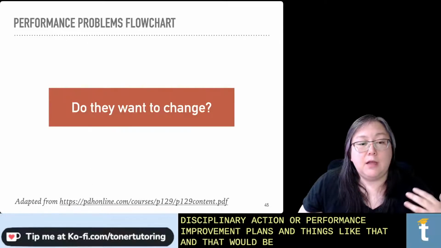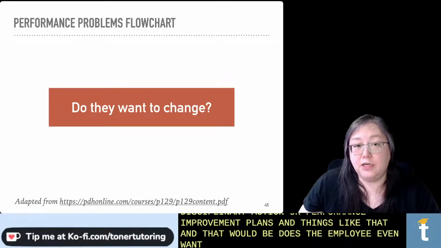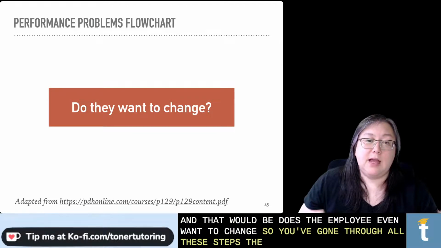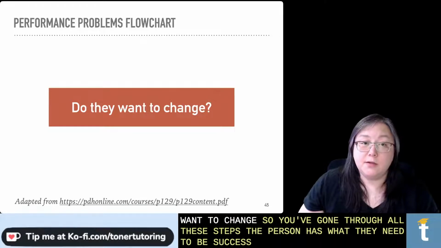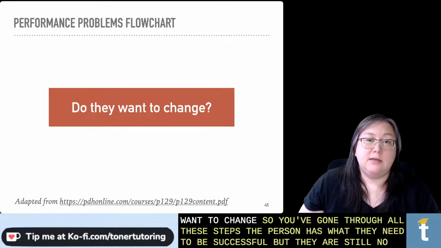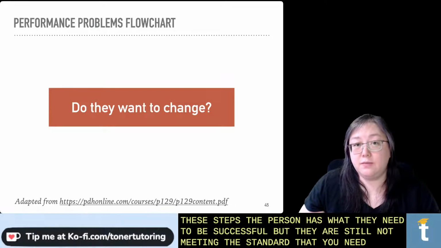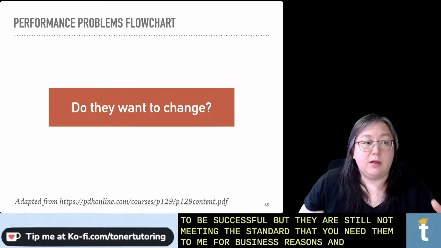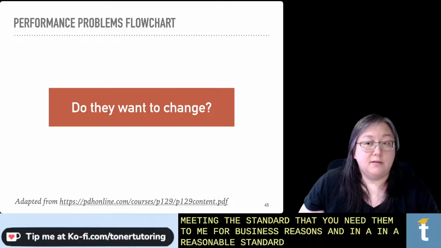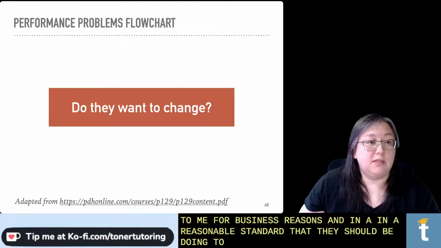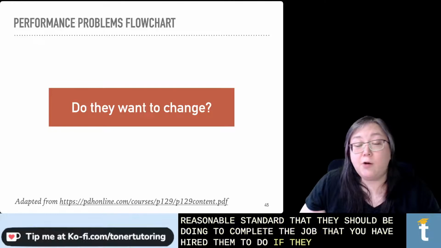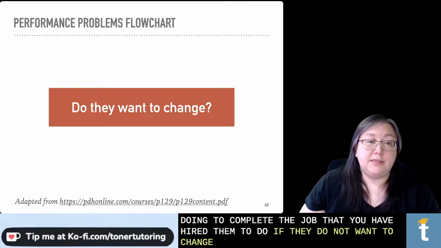And that would be, does the employee even want to change? So you've gone through all these steps. The person has what they need to be successful, but they are still not meeting the standard that you need them to meet for business reasons and in a reasonable standard that they should be doing to complete the job that you have hired them to do. If they do not want to change to meet that standard, then you're at an impasse.